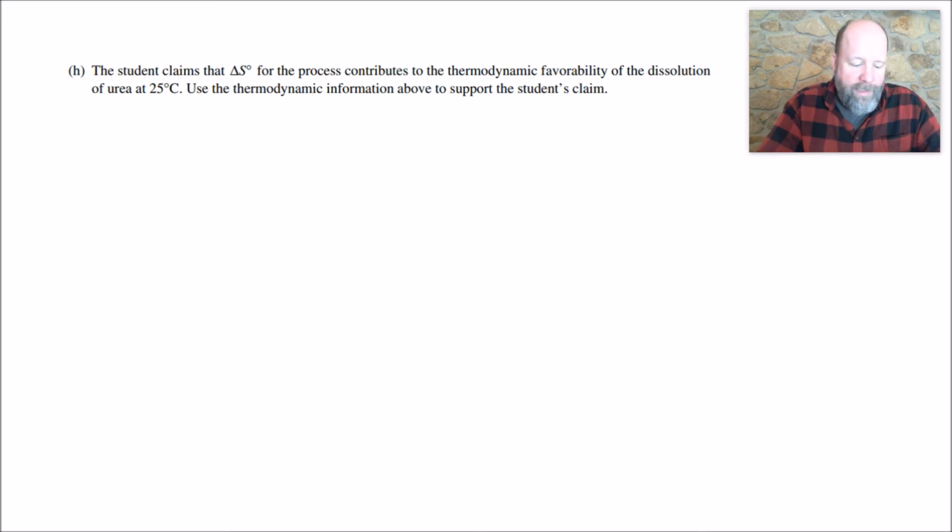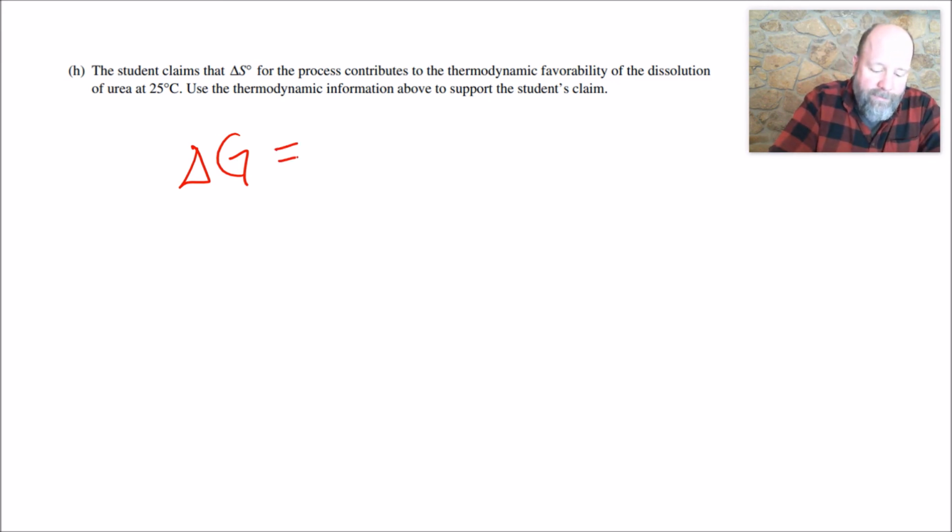Last part here, part H: a student claims that delta S for the process contributes to the thermodynamic favorability for the dissolution of urea. So thermodynamic favorability, you know what we're talking about. That is our old friend delta G. That's our Gibbs free energy. So that's our thermodynamic favorability, right? Is it favorable? That's delta G. And it's going to be a negative delta G if it's favorable.